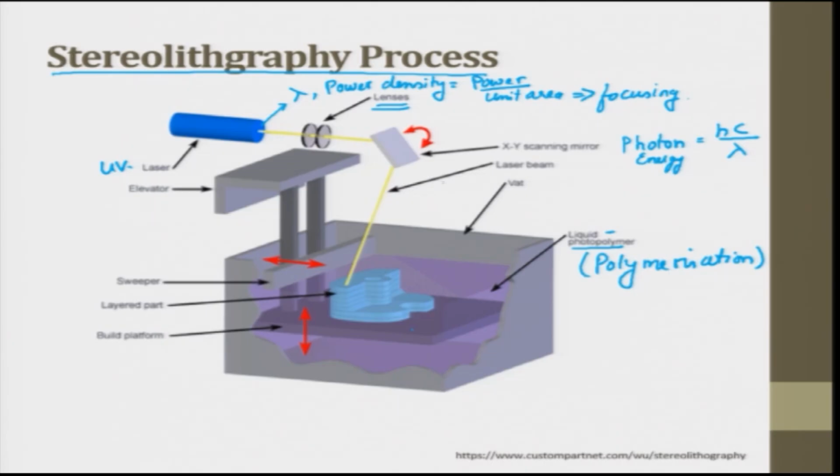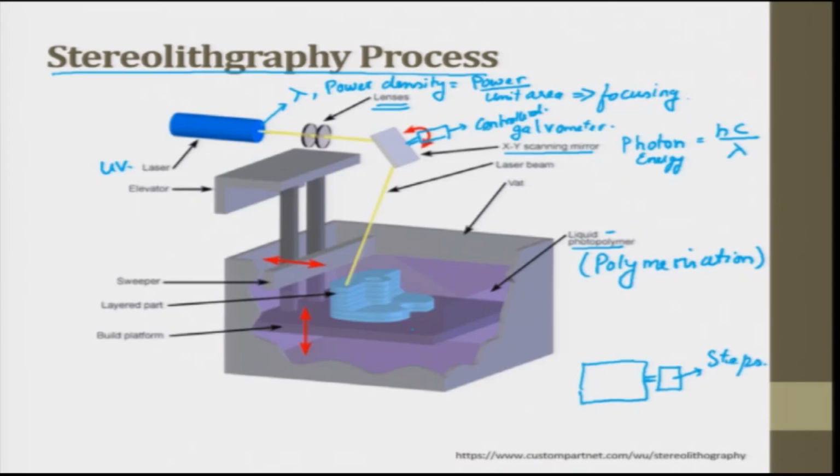So, it passes straight and here is what is called an XY scanning mirror, which is nothing but a galvanometer. You can see here this is attached to a motor. This motor is controlled by pulses. So, you can see a stepper motor, this motor will be attached to a shaft and this is controlled by steps.